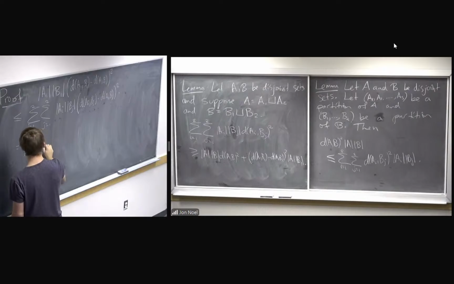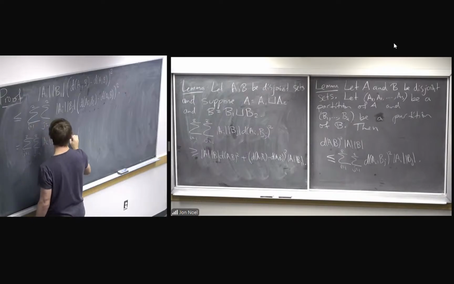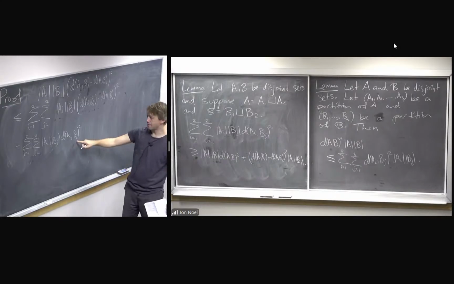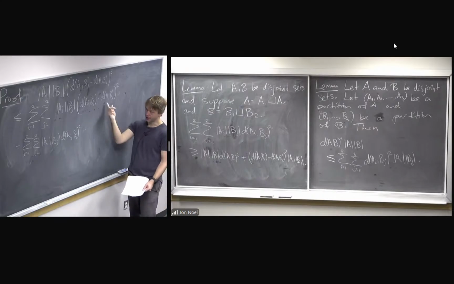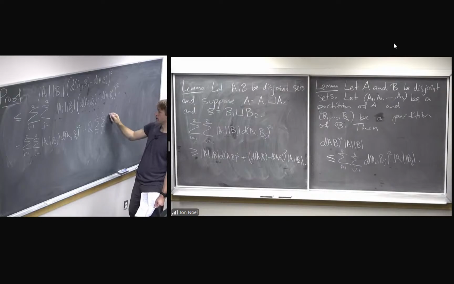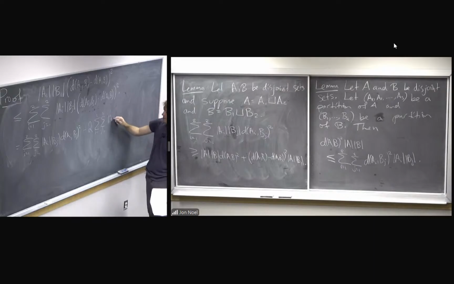So my first term will be the size of Ai, size of Bj, density between Ai and Bj, squared. Then you've got the awkward middle term, which has a 2 in it, again summing i equals 1 to 2, j equals 1 to 2. Every term is going to have a size of Ai and a size of Bj.